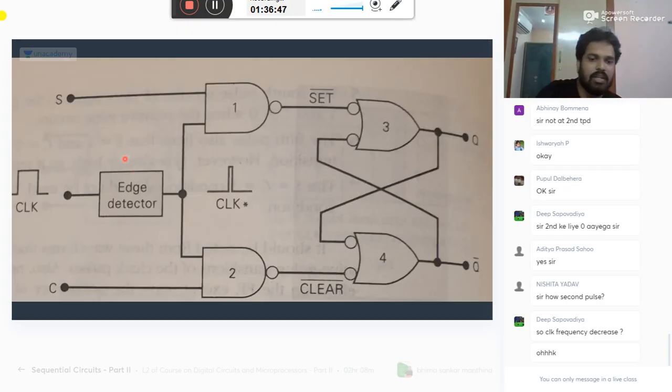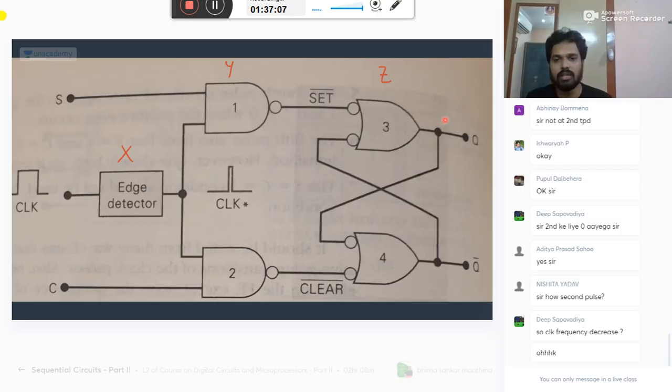Let me make the names X, Y, Z. Don't worry about these bubbles, it will not make much difference. This bubbled OR gate is nothing but a NAND gate. You know it already.